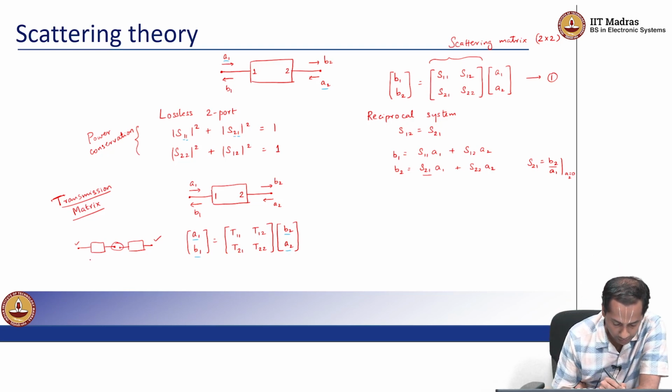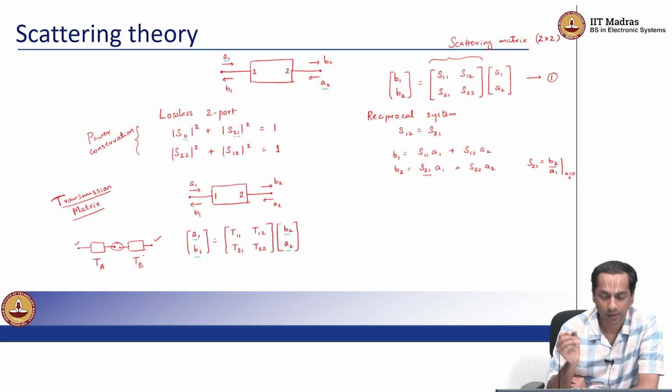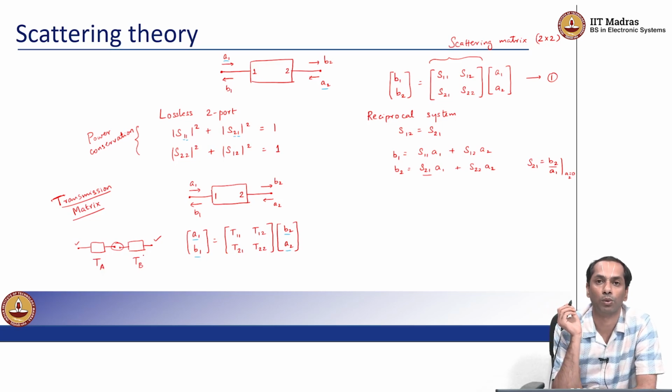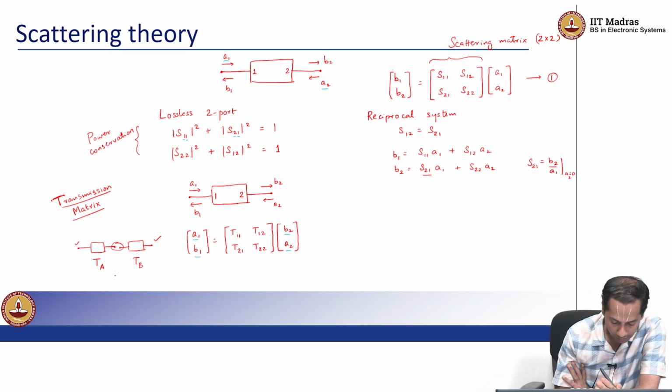I can have a transmission matrix TA for the first two-port and TB for the second two-port, and I can equate this to a single composite two-port element whose transfer matrix or transmission matrix is simply TA multiplied by TB.